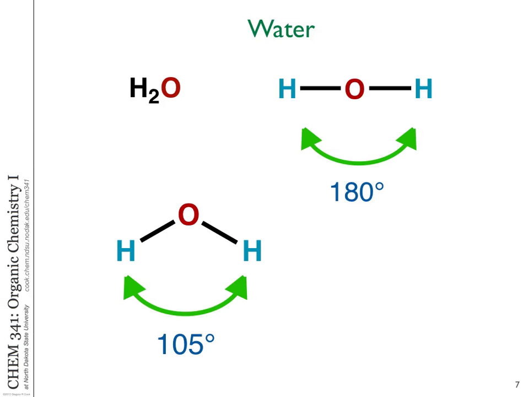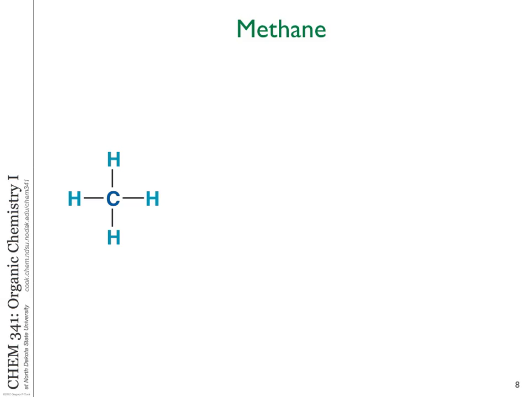Okay. Take a look at methane. Methane, CH4, the simplest of organic molecules. If you were to draw it out flat on paper, you could draw carbon with 4 hydrogens on it, and the bond angle between the hydrogens represented here would be what? 90 degrees, right? But that's flat in 2 dimensions.